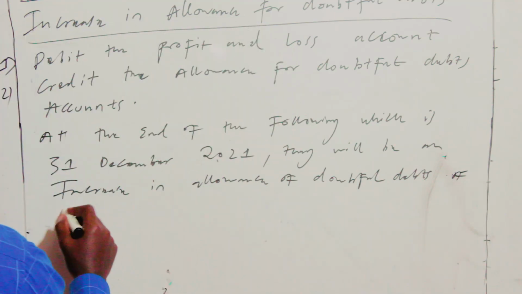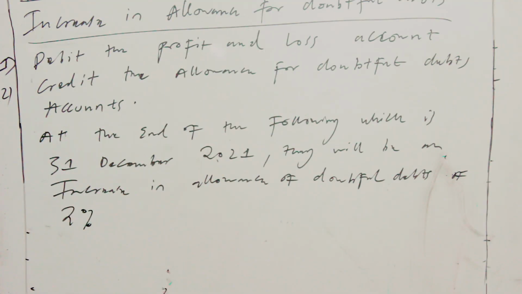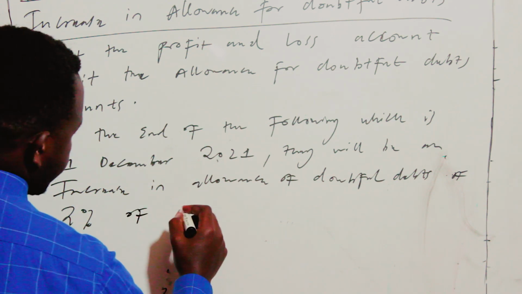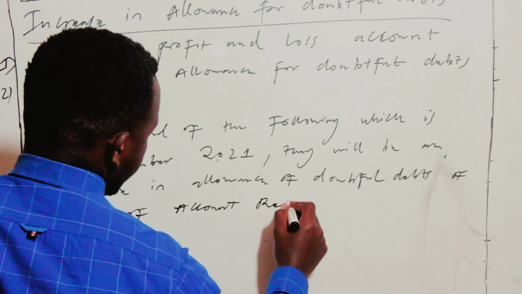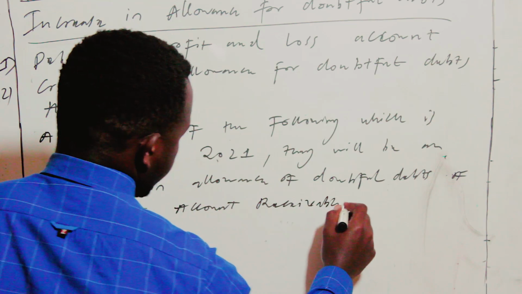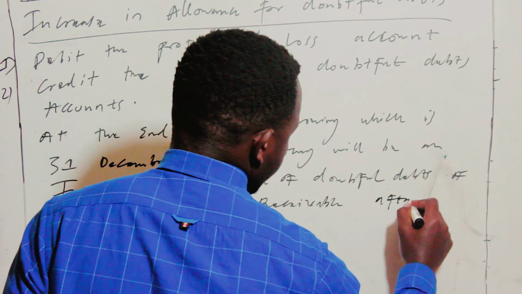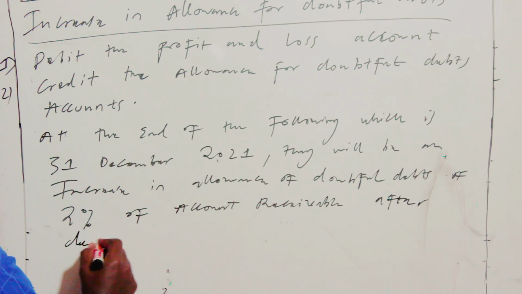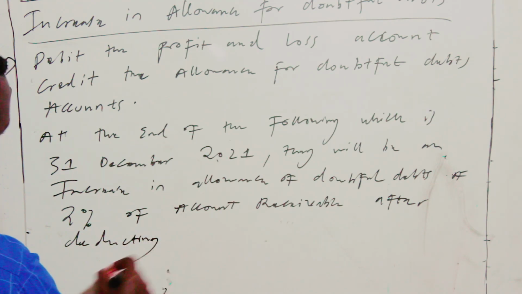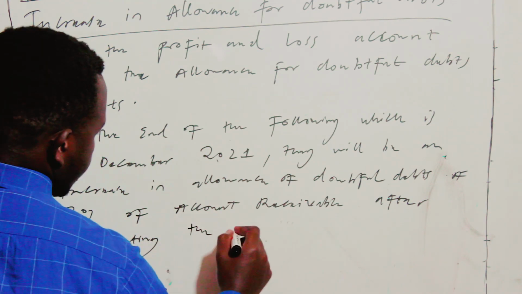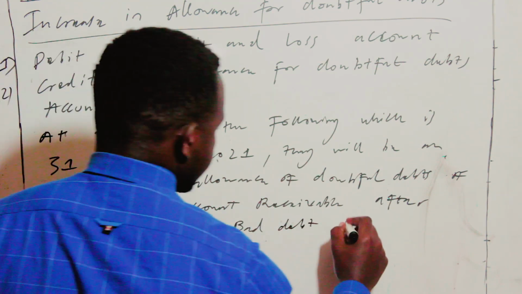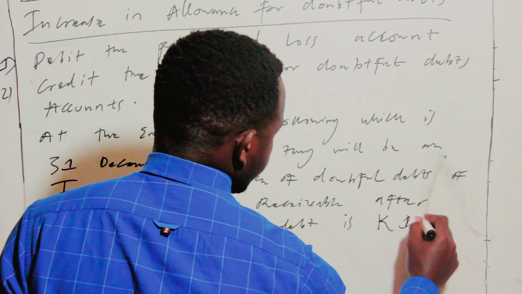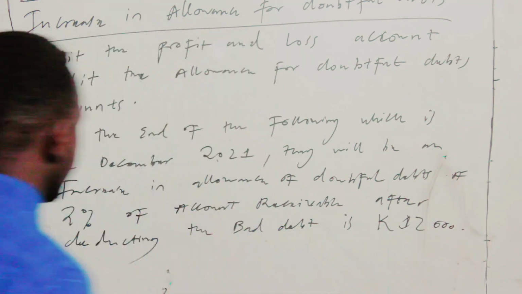We are maintaining the percentage, which is 2% of accounts receivable after deducting the bad debts, which is now 12,000.